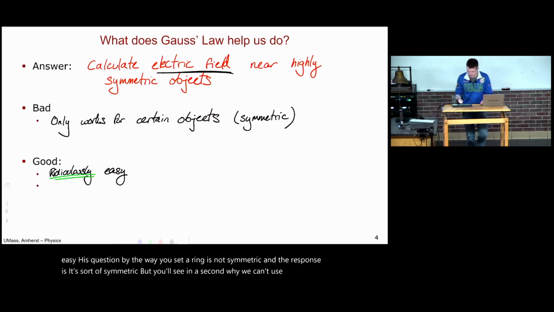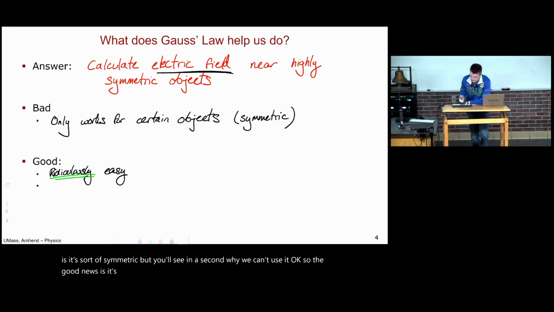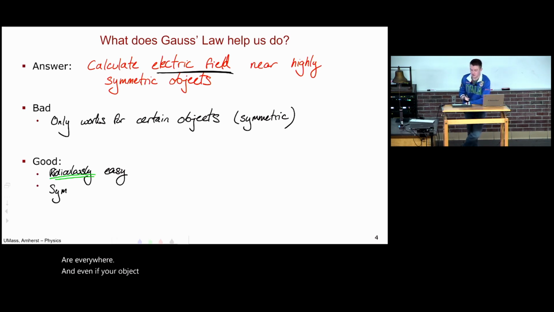Okay, so the good news is it's ridiculously easy, and the other good news is these symmetric objects are everywhere. And even if your object is not symmetric, you can approximate it as one of these symmetric objects.